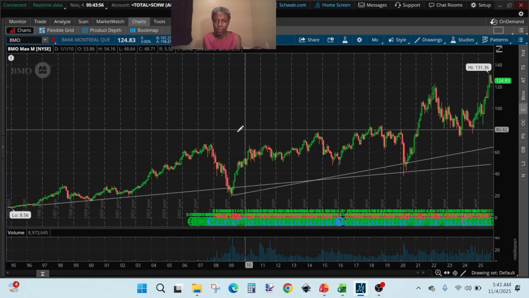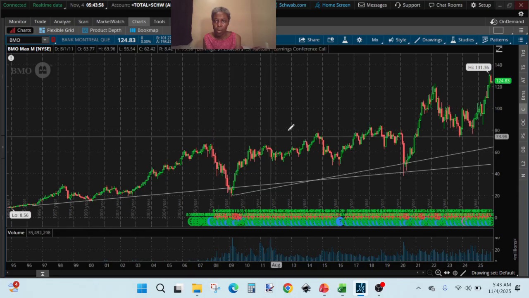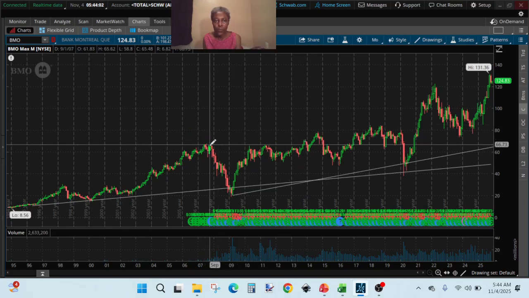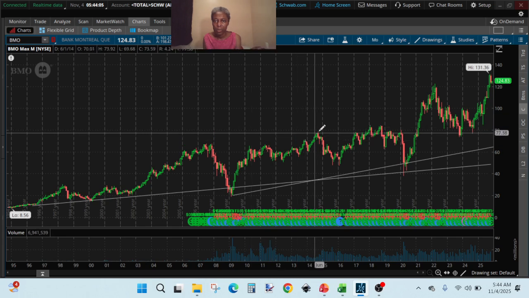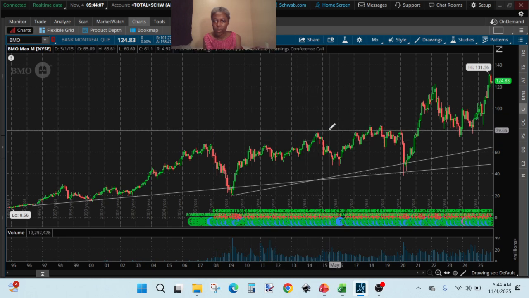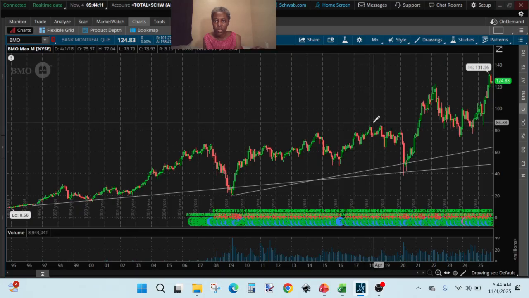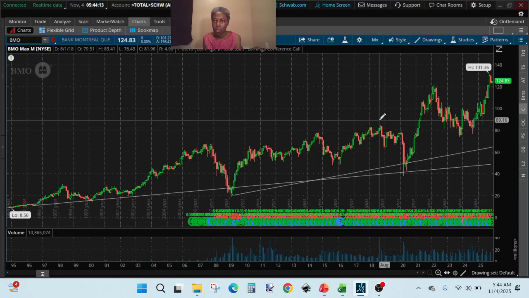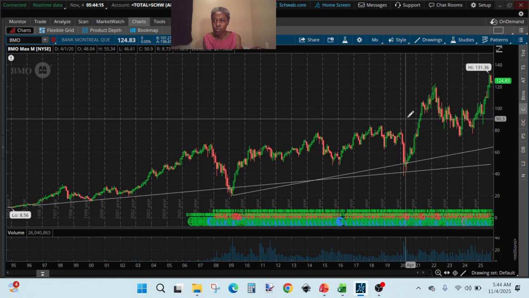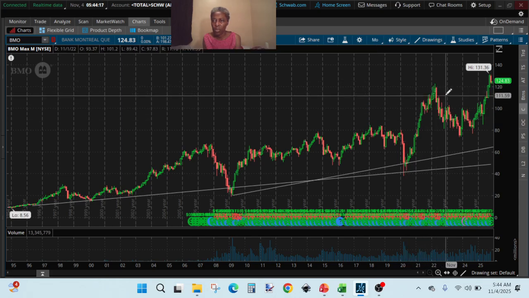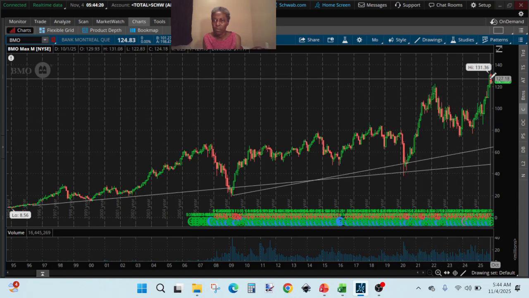So it's taking 1, 2, 3, 4, 5, 6, 7 years from peak to peak. Those peaks are not close to each other. 1, 2, 3, 4 years for this one. 1, 2, 3 for this one. 1, 2, 3, 4.